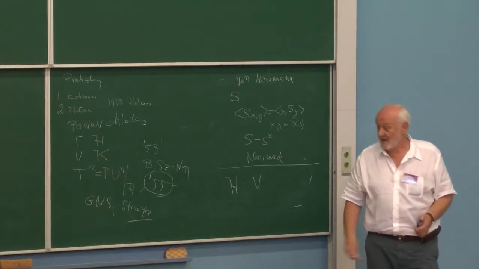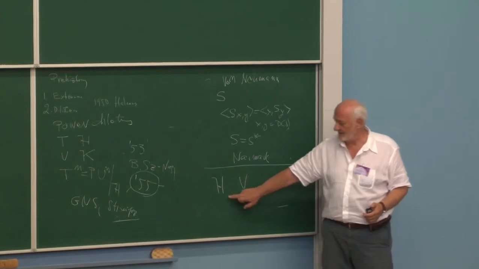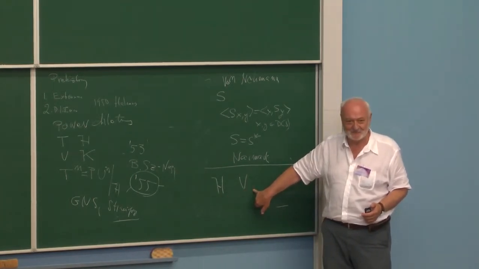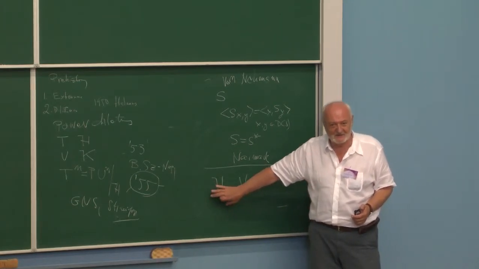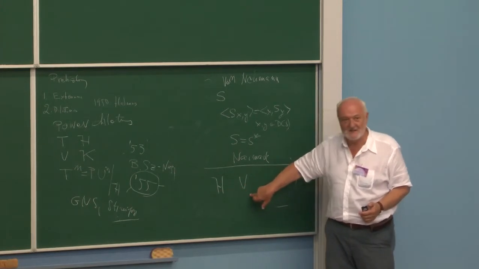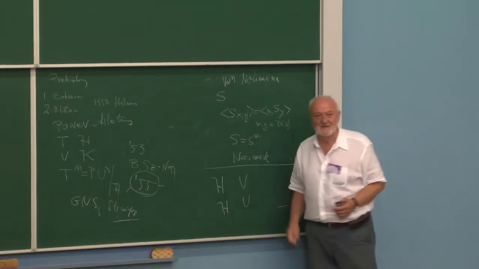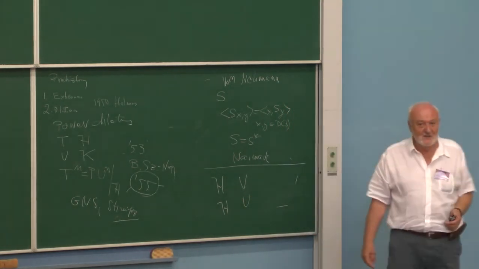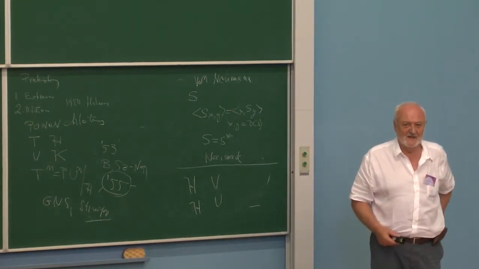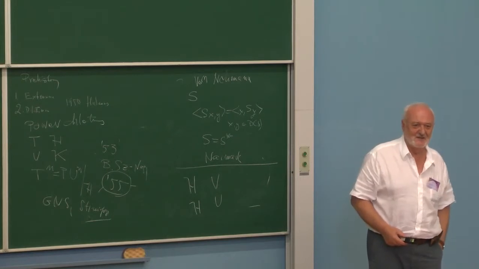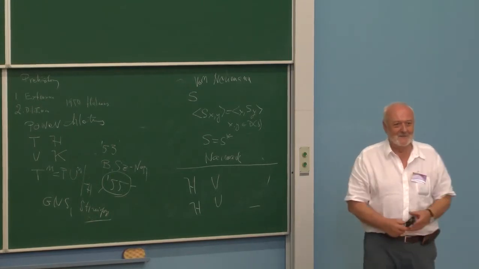Anyway, if you have this kind of configuration, an isometry, then you may extend the space H to a space K, and this is unitary. This is an old thing which goes back to von Neumann and Wold, a Swedish statistician.